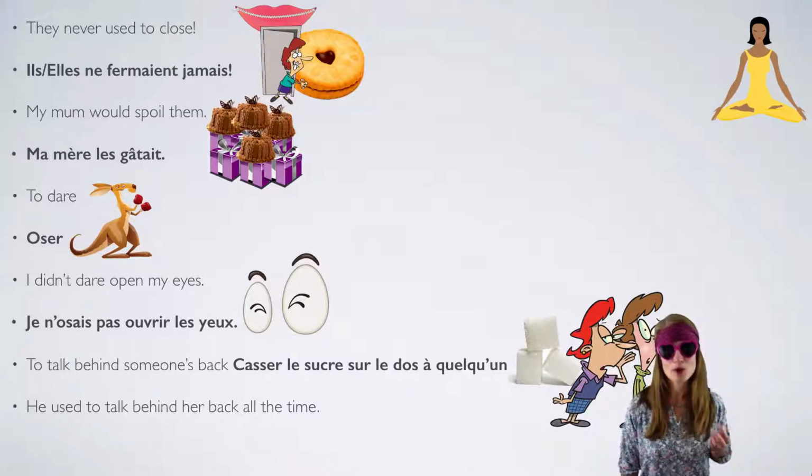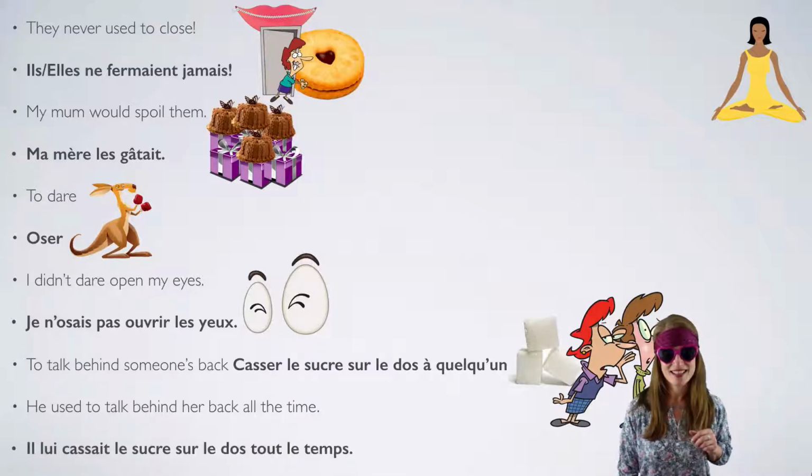He used to talk behind her back all the time. Here you've got à quelqu'un. It's going to be a lui situation. Il lui cassait le sucre sur le dos tout le temps. Most French people won't say tout le temps, they'll say tout le temps, tout le temps.